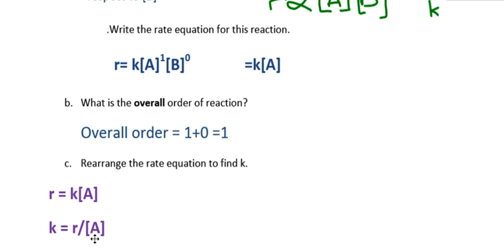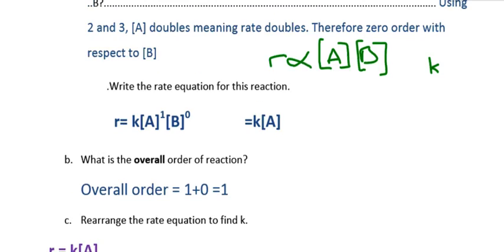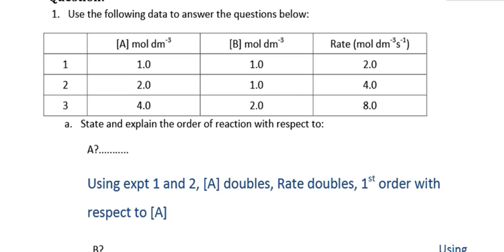And then, if I want to work out the value of the constant, I go back to my table and I choose one set of experimental data. It doesn't matter which one. It can be experiment 1, experiment 2, or experiment 3. What's important is that you only use the data from one experimental set, so I can't jump around the table.